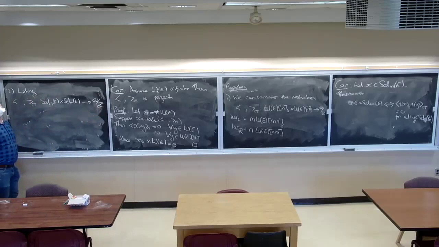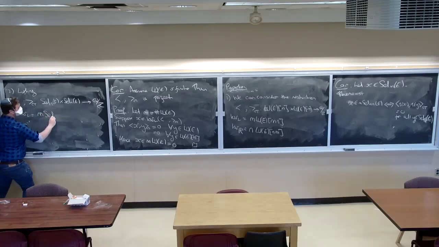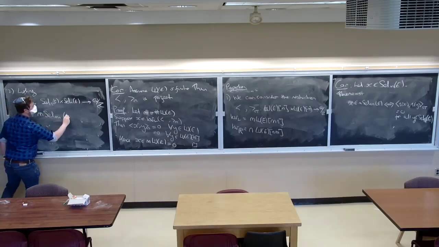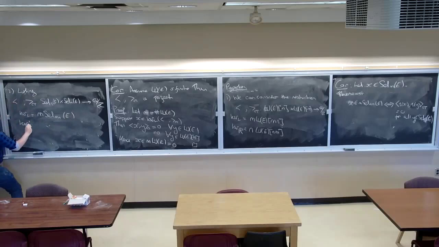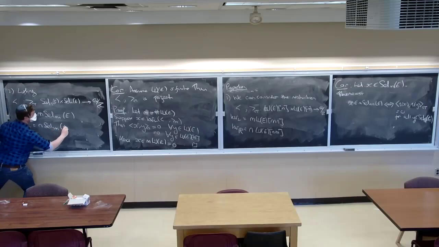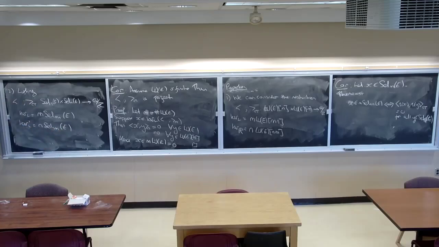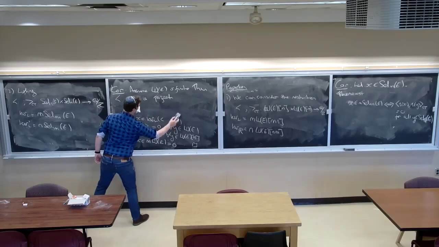And now with that corrected version of the property, you can see that the left kernel is equal to the image of m, and the right kernel is equal to n times the Selmer group. So this pairing is what allows us to answer the question that we started with. So what was our question? Just to remind you.